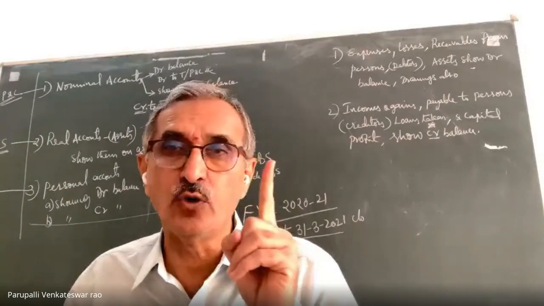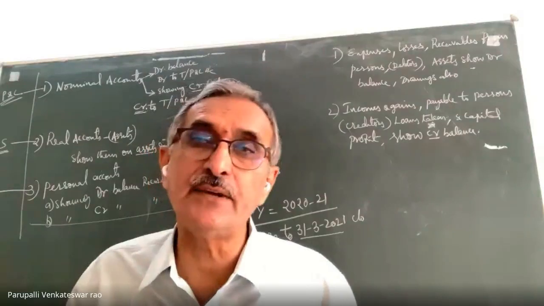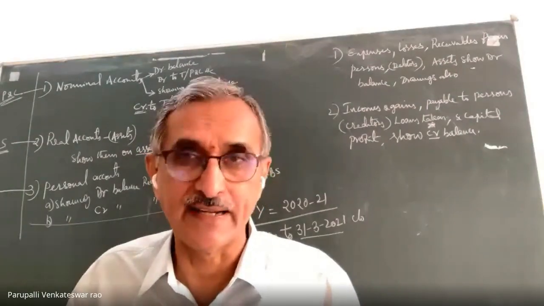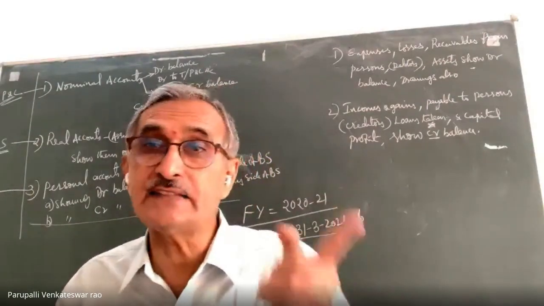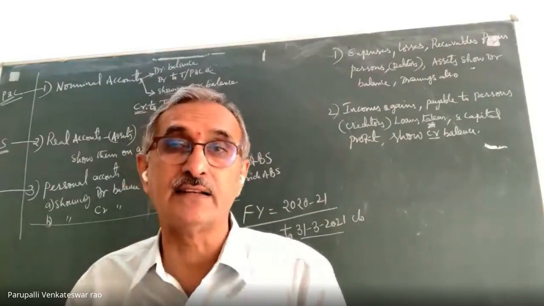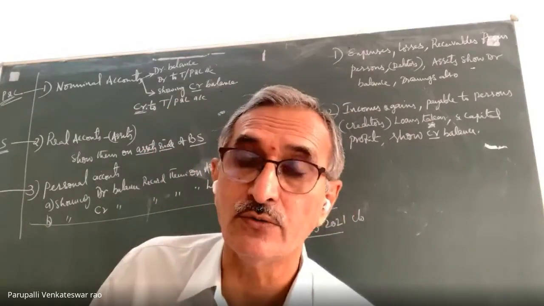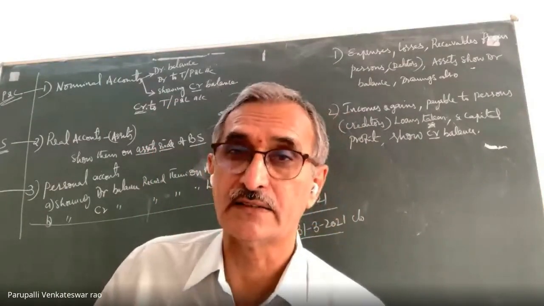If the first word is wages, then debit to trading account. If salaries and wages are given, if salary is first, then it will be taken into profit and loss account.